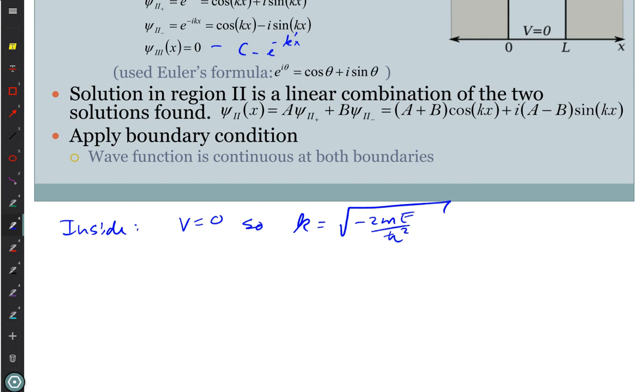Does it drive you crazy too? Okay, so here's the inconsistency. There's a minus sign there, right? And so that minus sign, what's the square root of minus 1? It's i.